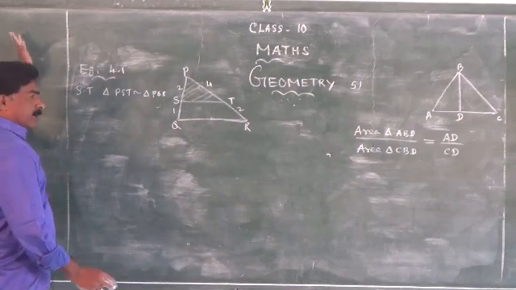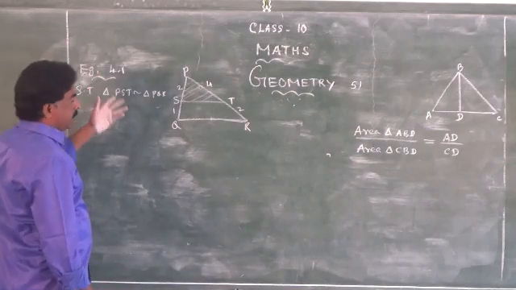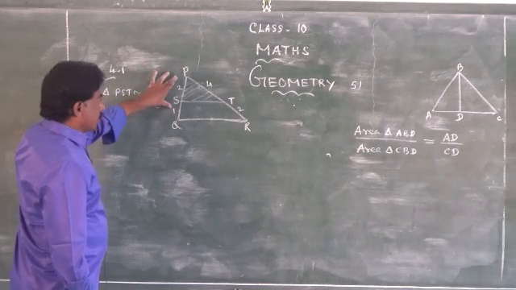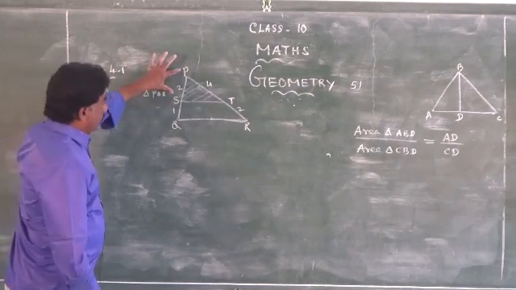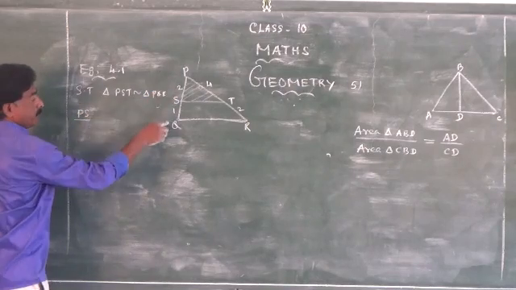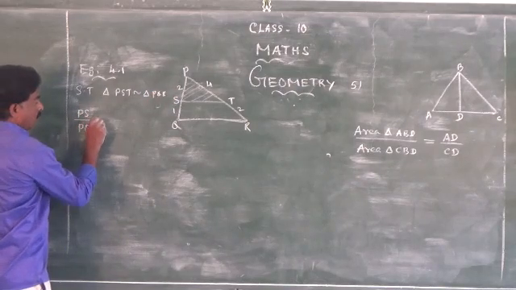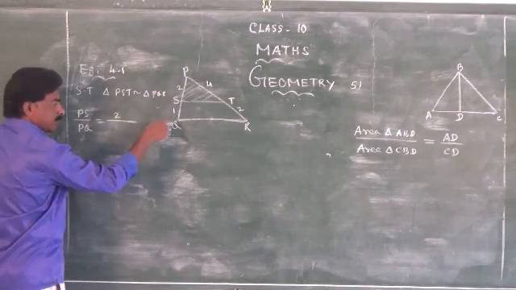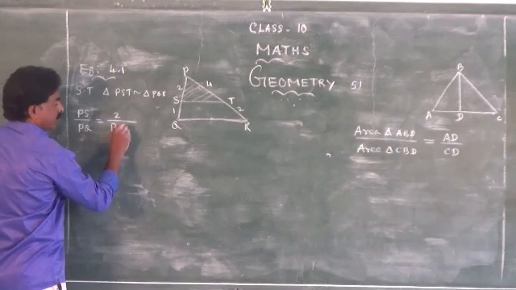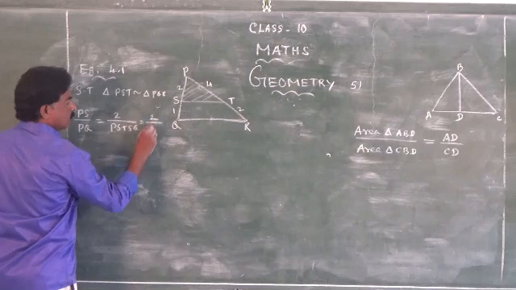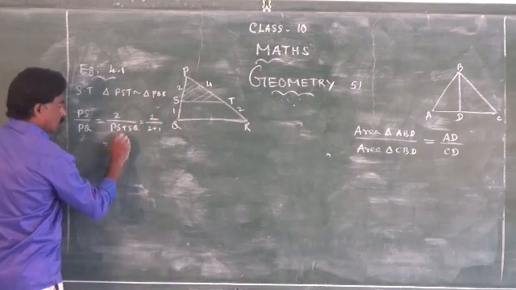We know the three criteria, and we have to use one of them. If you look at these two triangles, find PS by PQ. PS is 2. PQ is PS plus SQ, that is 2 plus 1, so 2 by 3.